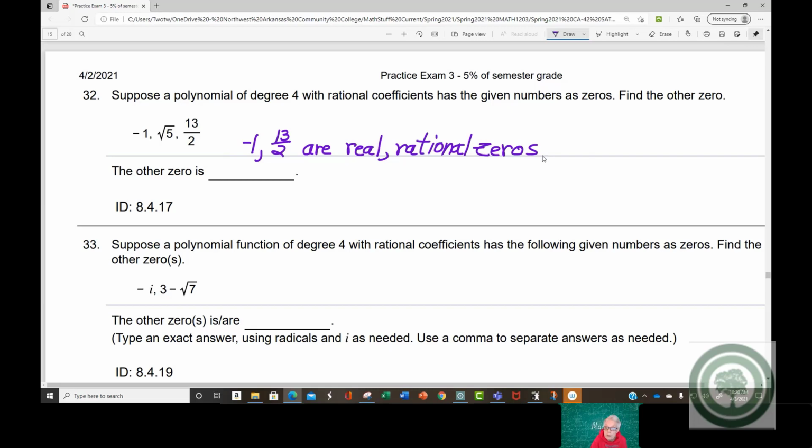The square root of 5 is an irrational zero. It's real, but it's irrational. It looks different, right, than those.